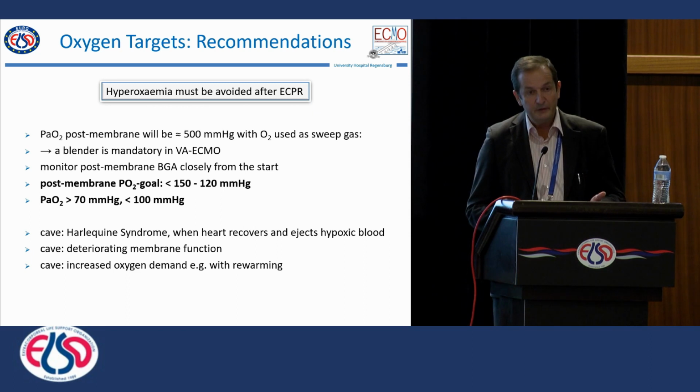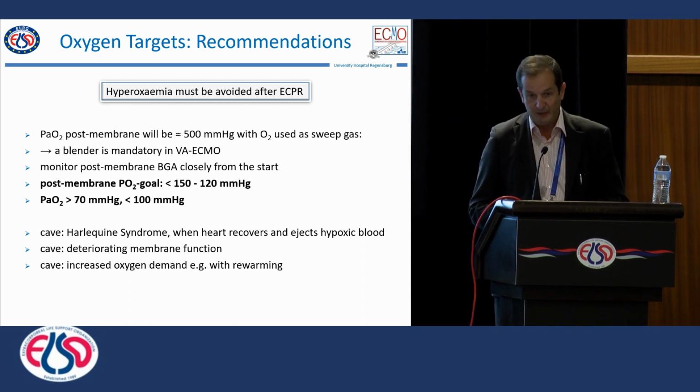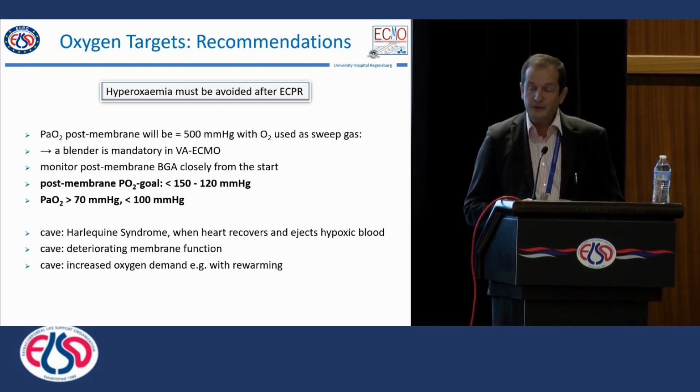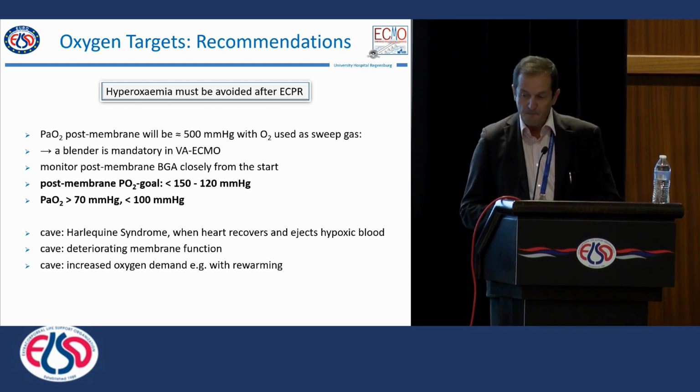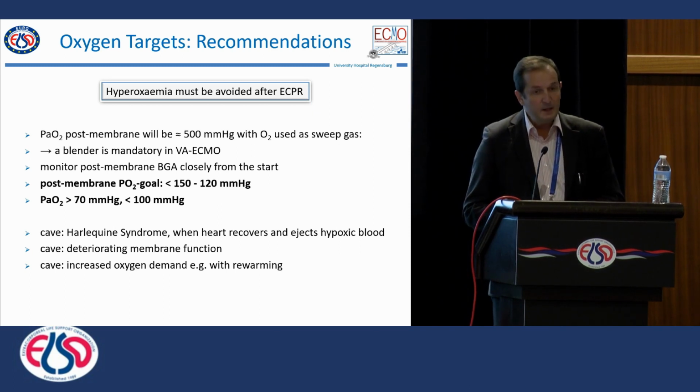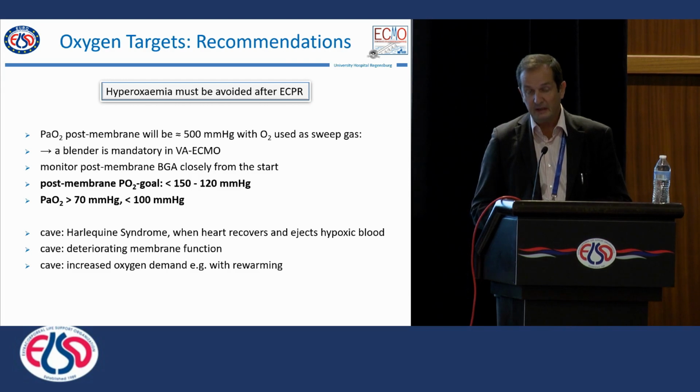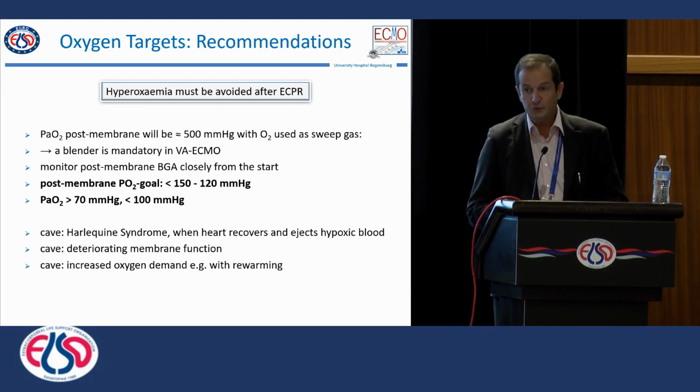When we put somebody on ECMO, there is a high risk that we have very high PO2s post-membrane. When your membrane is working properly, you will have a post-membrane O2 of around 500. Therefore, we need a blender. That's mandatory in ECPR from the very beginning. That's especially important when you do out-of-hospital ECPR.